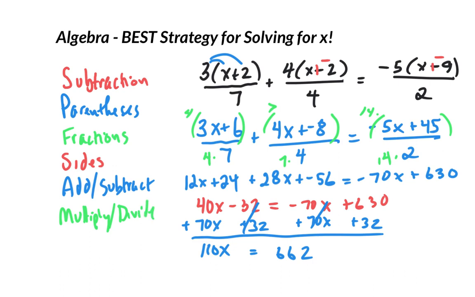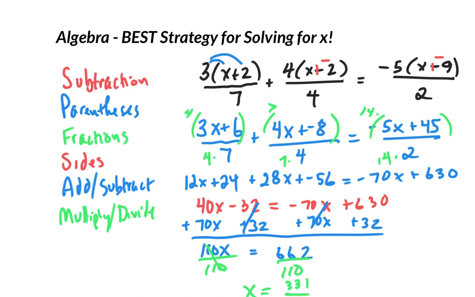Well, I have 110 times x. I'm going to divide both sides by 110 so that I just have x equals. And you could type that in and get a decimal, or you could reduce it. They're both divisible by 2, so I could write 331 over 55. That's as simple as it gets. And now we have solved for x.